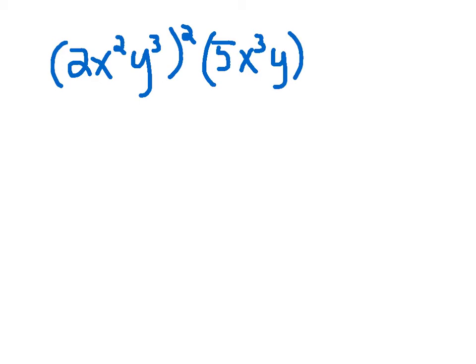So, I've got a problem here. I've got too many things happening. I have this multiplication, but I also have the exponents. So you might want to think of this exponent as saying, "Me first."